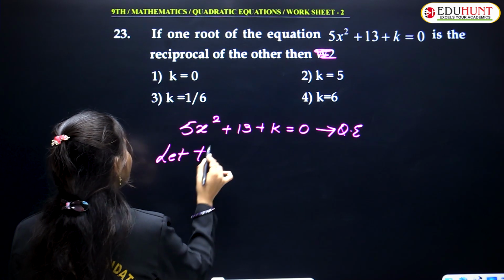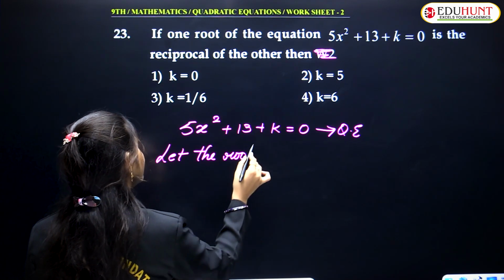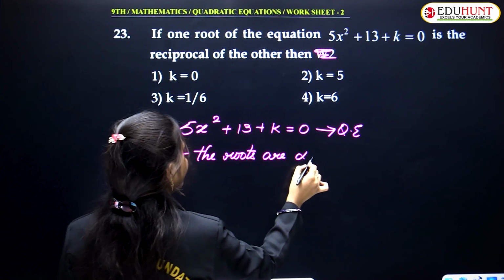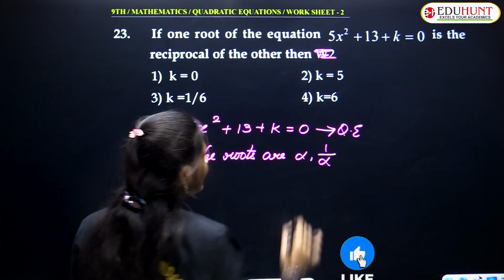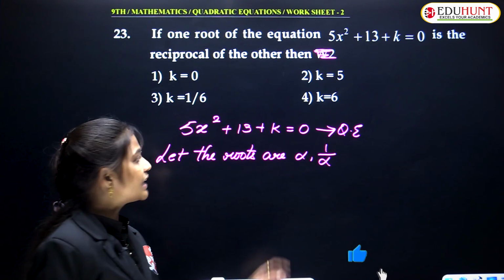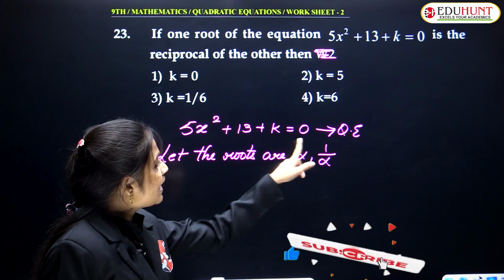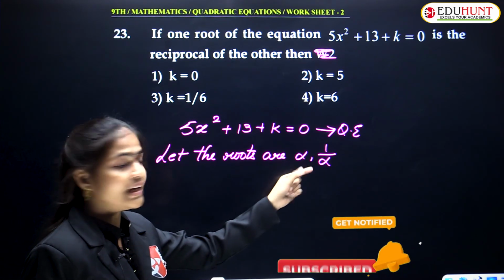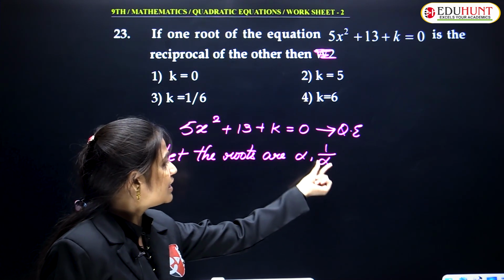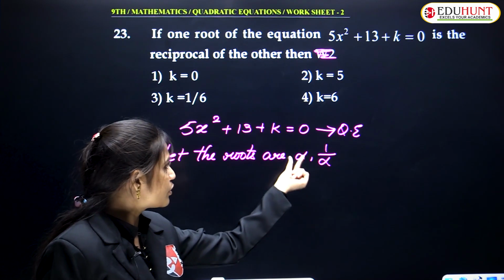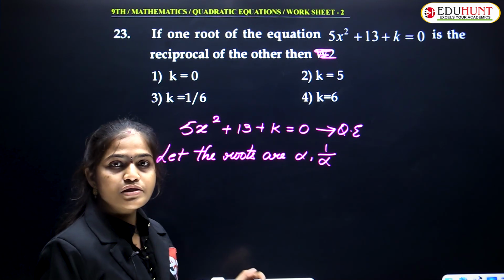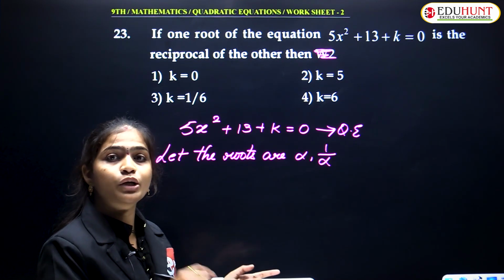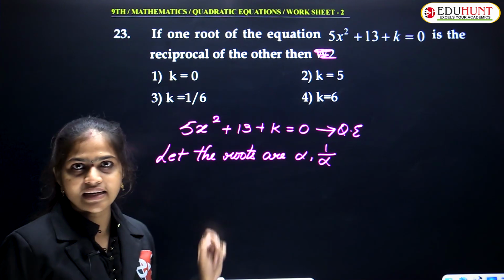Then let the roots be alpha and the other root 1 by alpha. According to that question, one root, the other root is the reciprocal of the first root. Understand? So those two roots are reciprocal to each other. That is the given meaning.